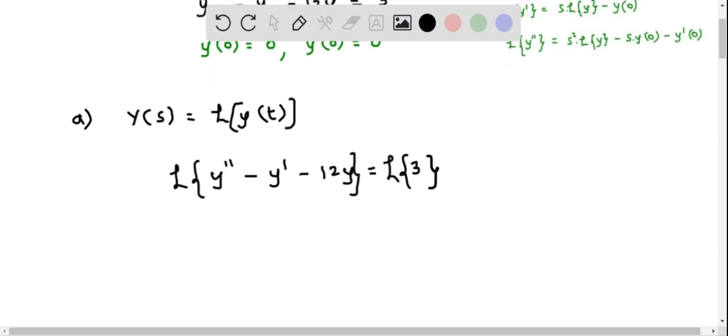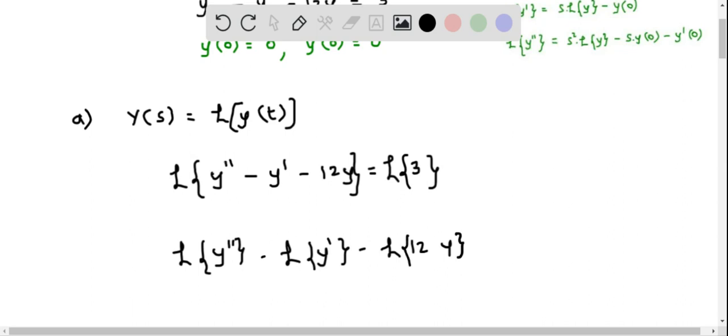Now we apply linearity to both sides, particularly to the left side, and when we do that we get Laplace transform of y double prime minus Laplace transform of y prime minus Laplace transform of 12y, and this equals Laplace transform of 3. I'm going to write down this factor 3, and we have a Laplace transform of 1.